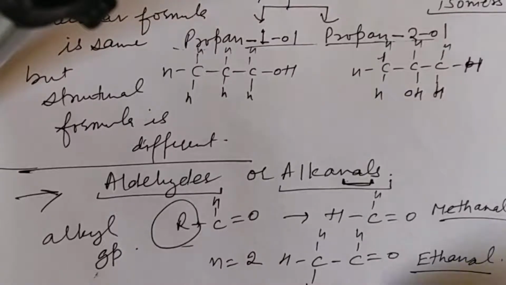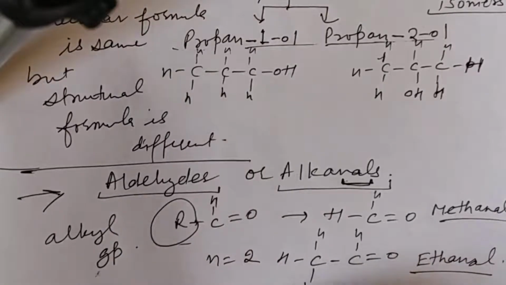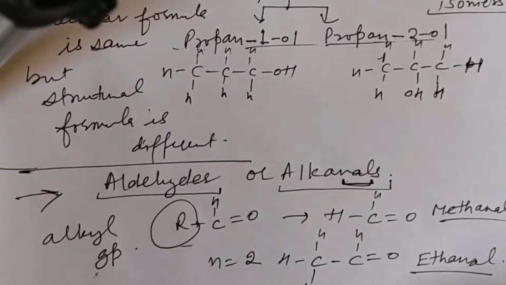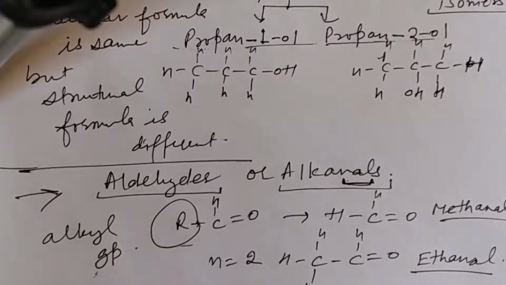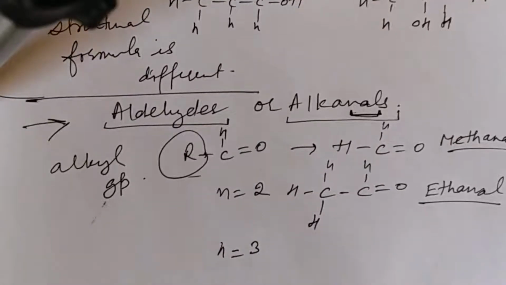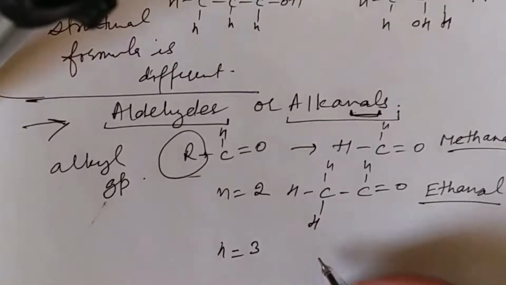Next member, you can also try for the next member. Try to write it down. The third member of the aldehyde family. How will you write it? Try, everyone. How will you write the structure of the third member of the aldehyde family?